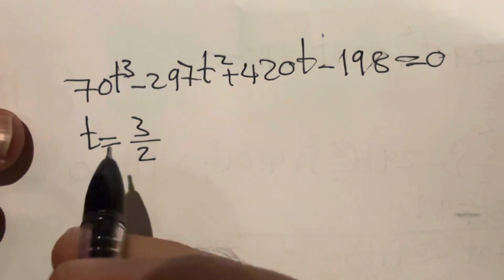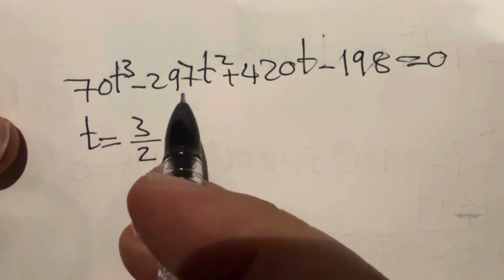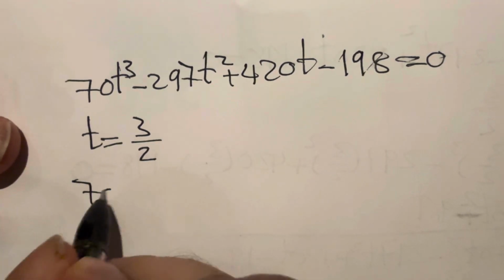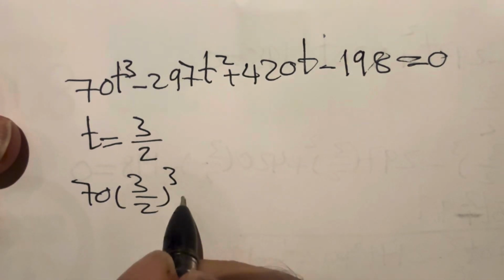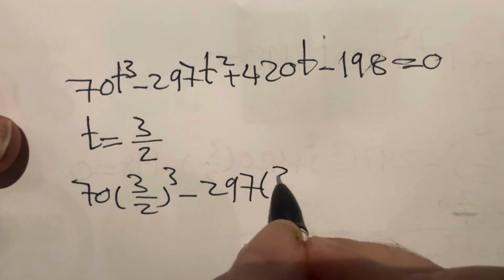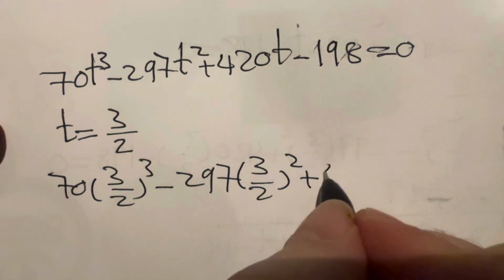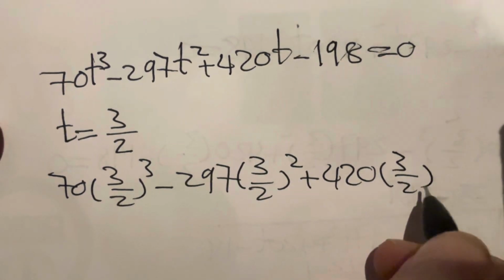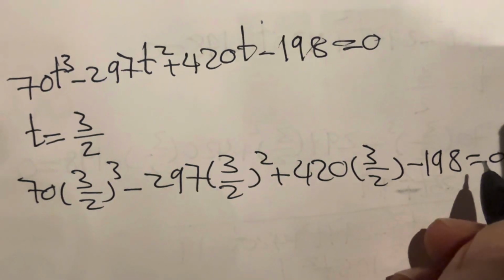So how do we know that? How can we be sure? You can try all the other factors, it doesn't work, but if you plug this in: 70 times 3 over 2 cubed minus 297 times 3 over 2 squared plus 420 times 3 over 2 minus 198 equals 0.